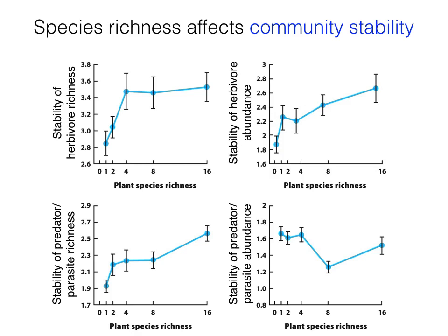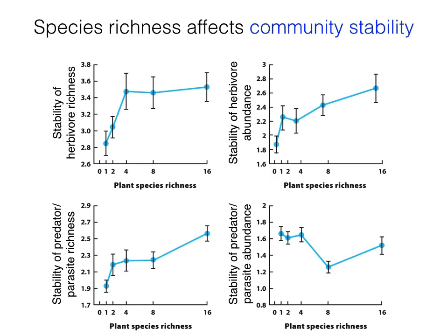During the experiment, when the environment varied considerably, the researchers asked which level of plant diversity provided the greatest community stability. In this study, they measured community stability as the amount of year-to-year variation in the abundance and species richness of the herbivores and the predators.